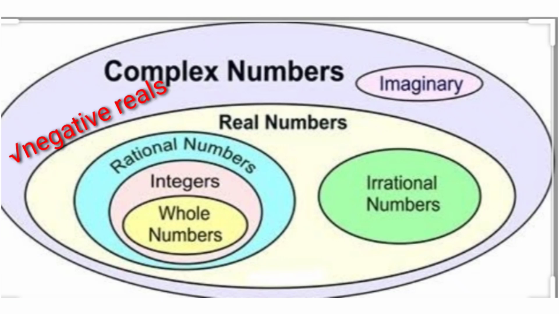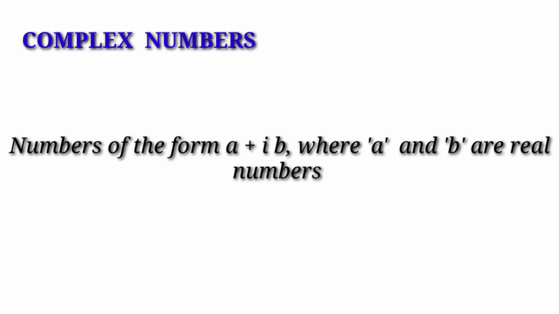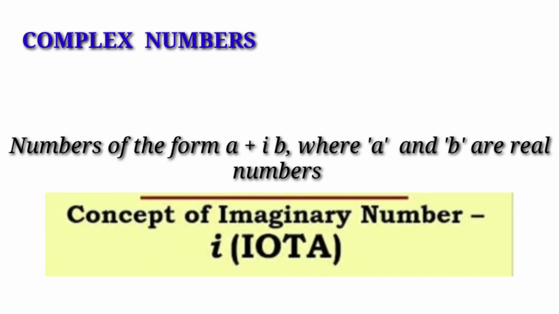Now we can see the definition of a complex number. Numbers which can be written in the form a plus ib, where a and b are real numbers, are called complex numbers. Here, the symbol i is called iota.